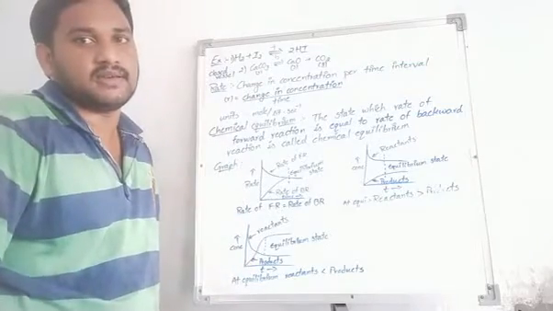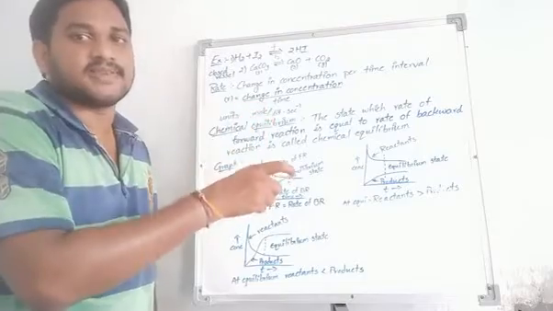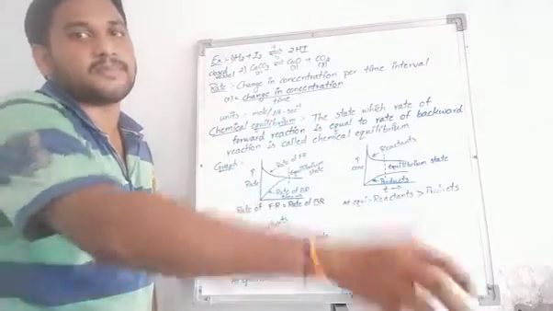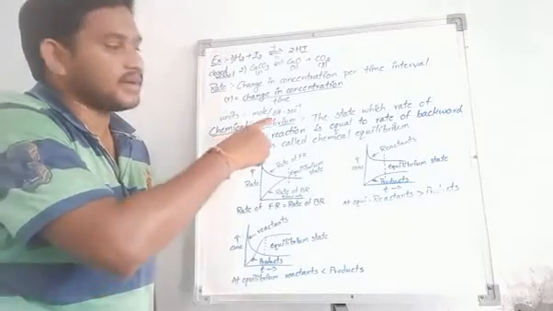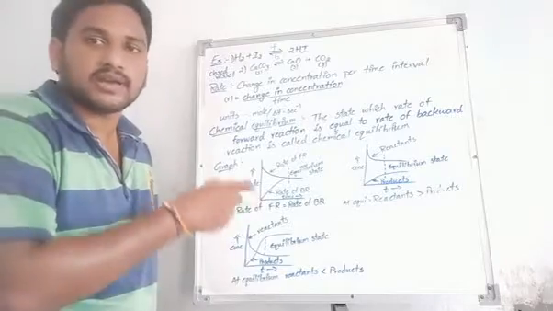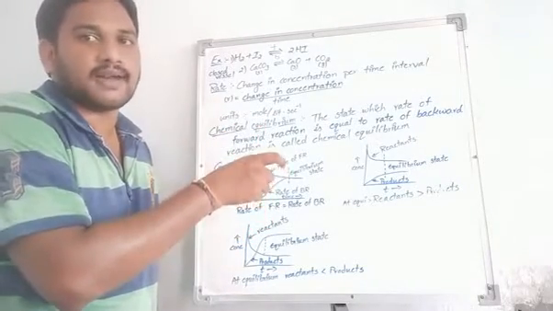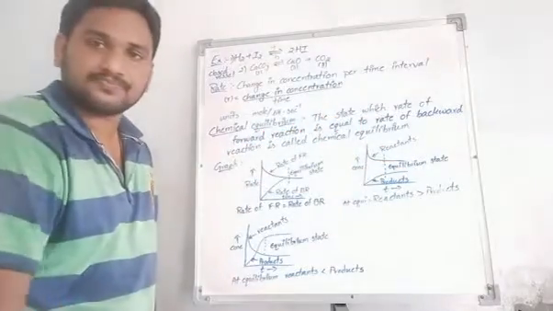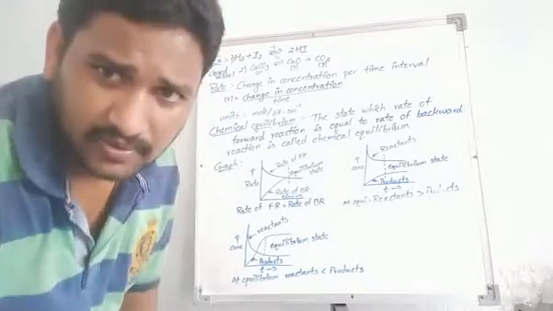In the equilibrium state, no concentration of reactant or product changes. That state is called chemical equilibrium. In overall definition, the rate of forward reaction equals the rate of backward reaction. Students, clear my point or not? Okay, next one.